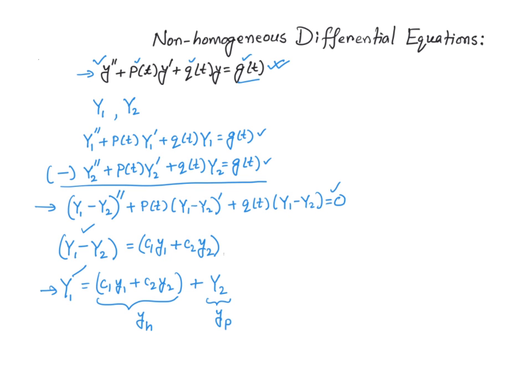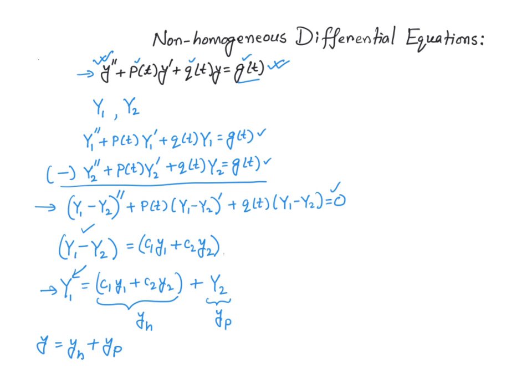So this is just some solution, right? In general, we could say that y, the general solution to this non-homogeneous differential equation, is going to be y sub h, the corresponding homogeneous differential equation's solution, plus some particular solution to the non-homogeneous equation.